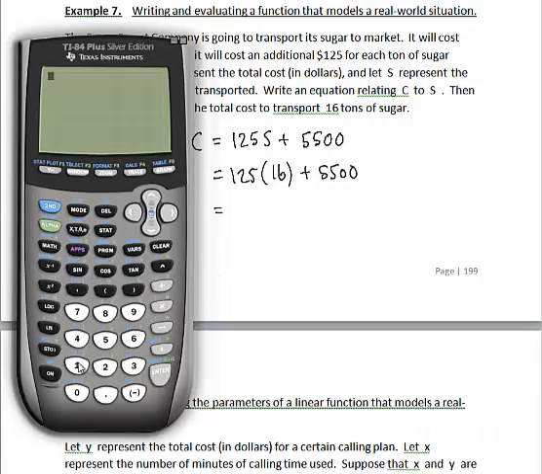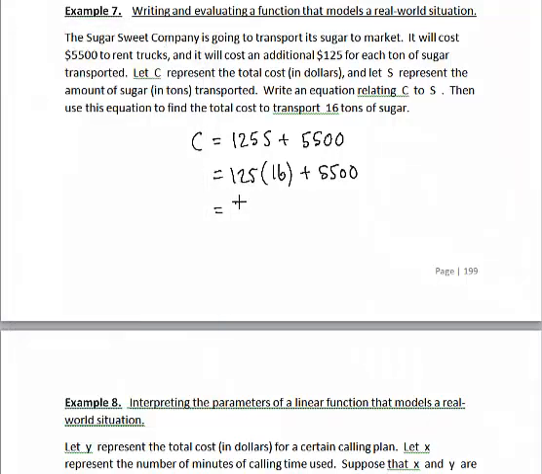We pull up our calculator and we type in 125 times 16 plus 5,500 to get $7,500. And so that pretty much answers all the questions for example 7.